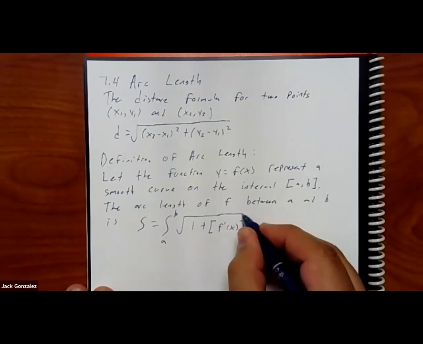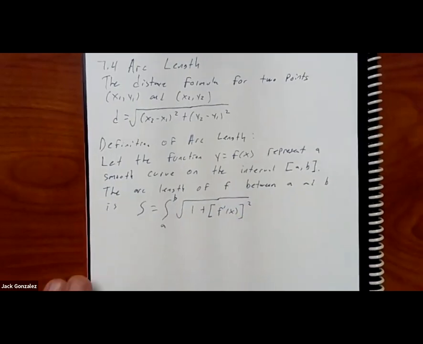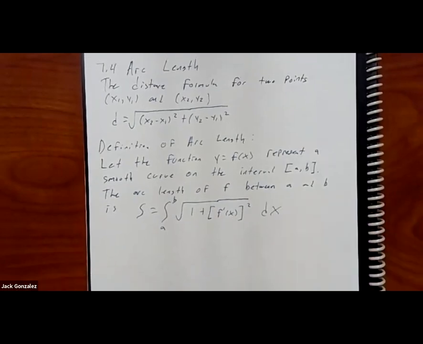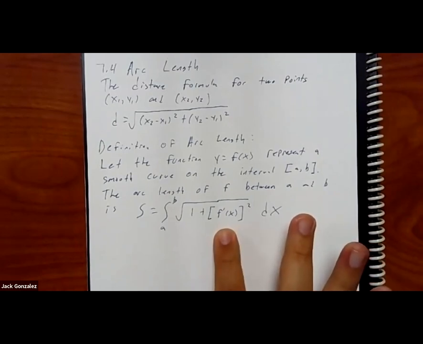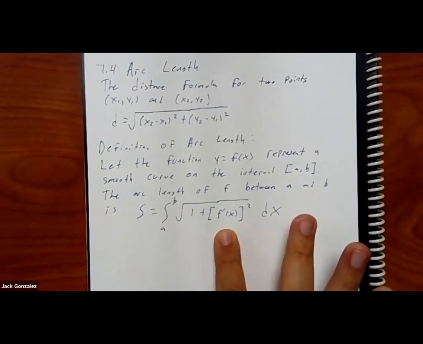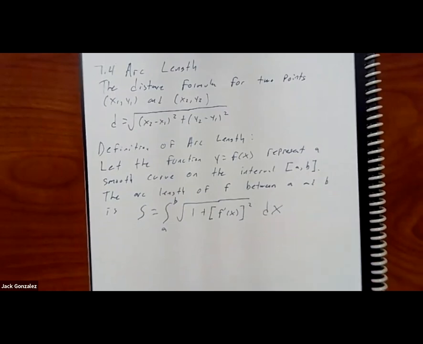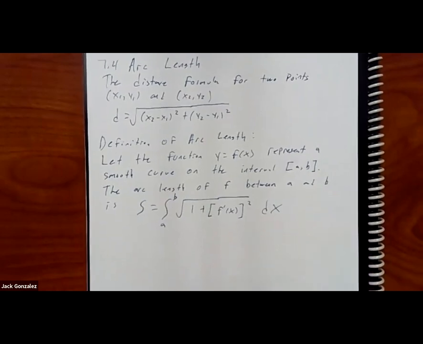So 1 plus the derivative squared, dx. It's all inside the root. And if it's a y function like g of y, then this is dy. But I think that's self-explanatory. We're not going to write that.